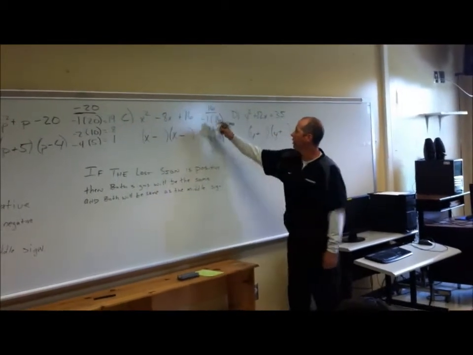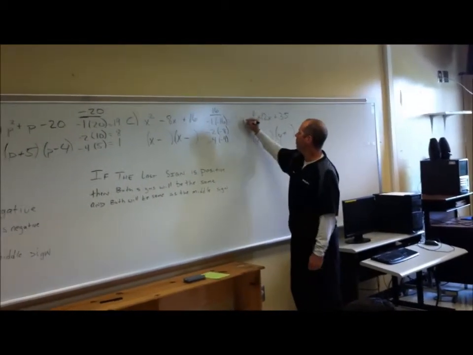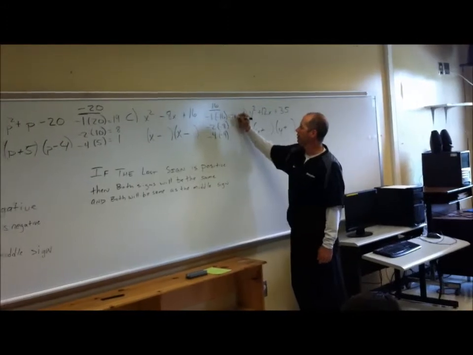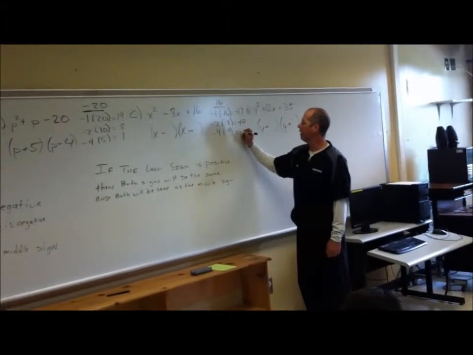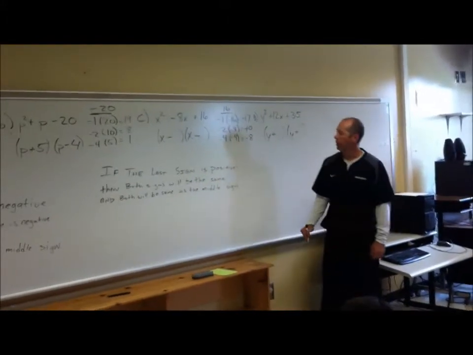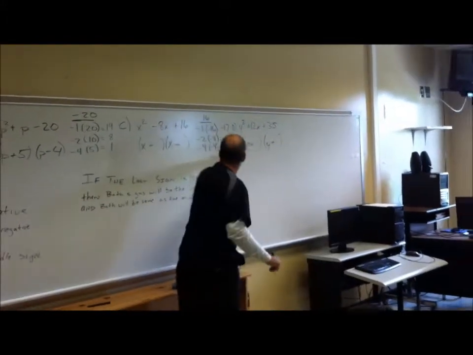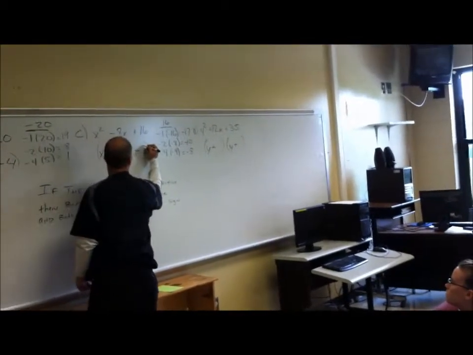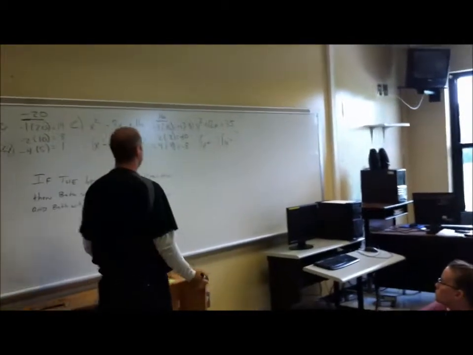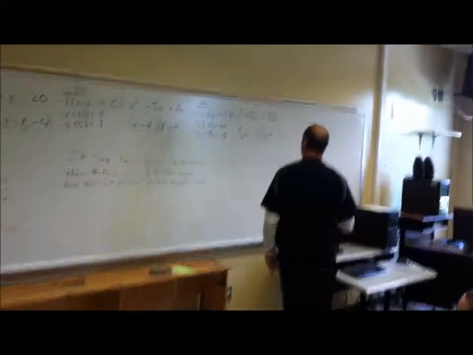Add them together, which is negative 17, negative 10, negative 8. So there, the middle term is right there: negative 4, negative 4.